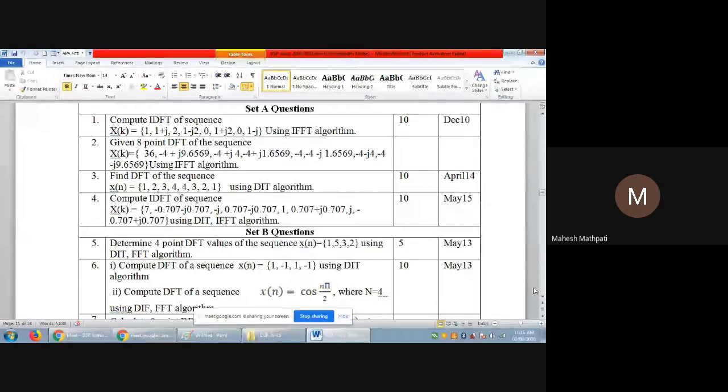Okay, very good. Can you tell me how it can be solved? Can you tell me how to solve this?